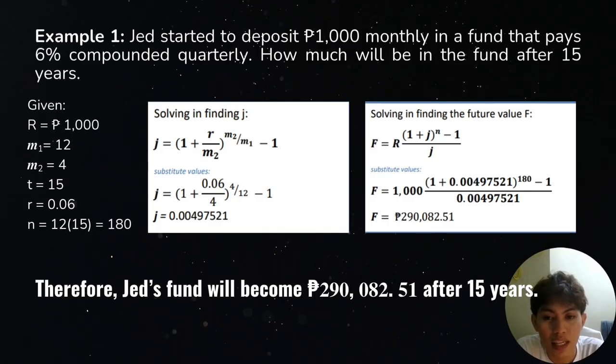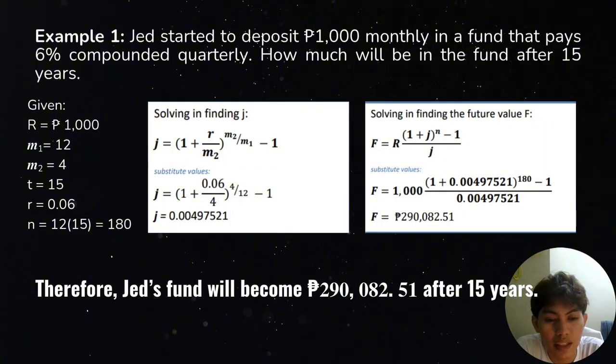Next is the t, or the term for annuity. This is the number of years of your annuity. Since we will find the value of his deposits after 15 years, our t is 15. Next is the r, or the nominal rate.